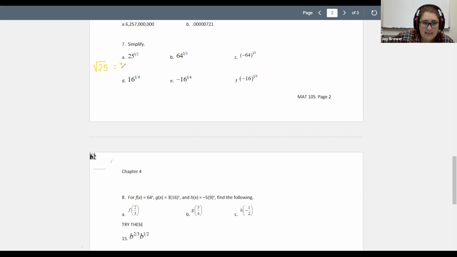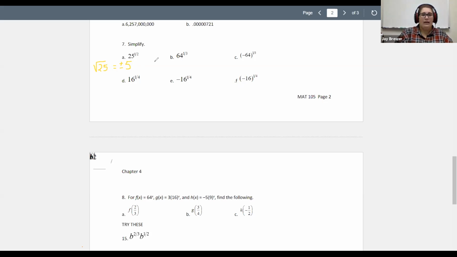To be concise, it is actually plus or minus 5, because not only is 5 times 5 25, but also -5 times -5 is 25. Now, Pearson will accept just 5.